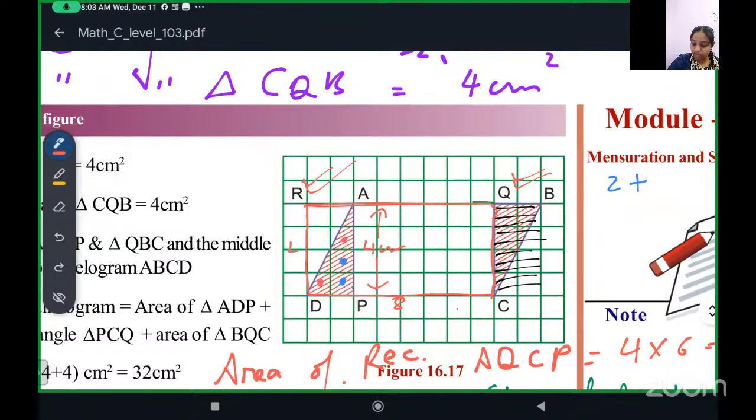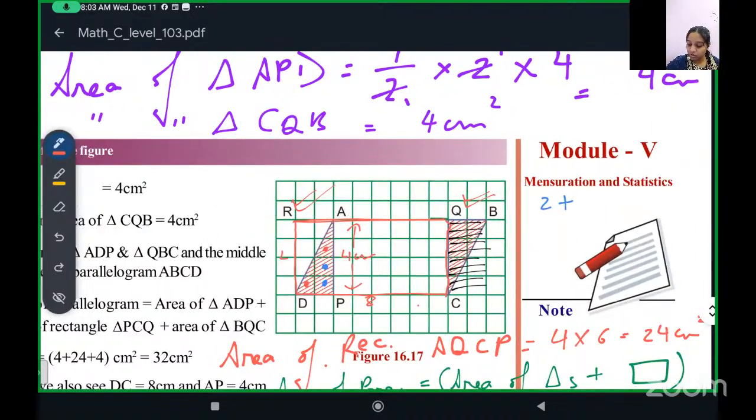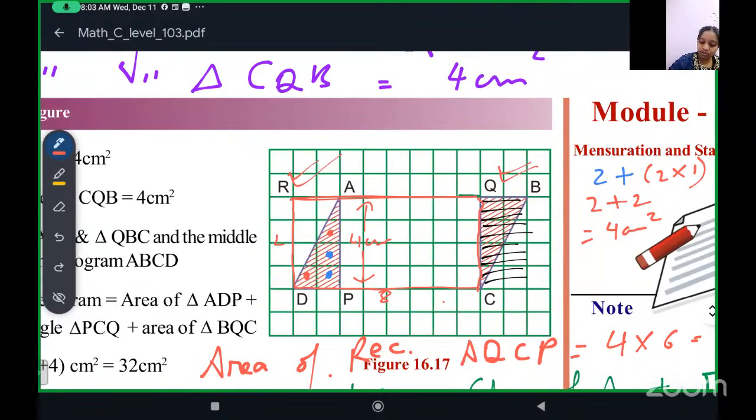So 2 plus 2 into 1, that is 2 plus 2, equals 4 centimeter square. But why have we not taken the rest of the two? Because they are less than half. That is right. This way you can also find the area of a triangle. But this method can't always be accurate, right?